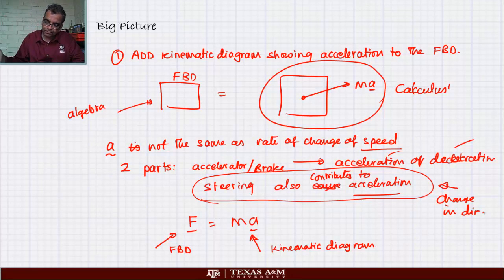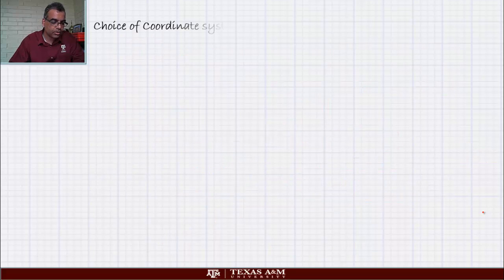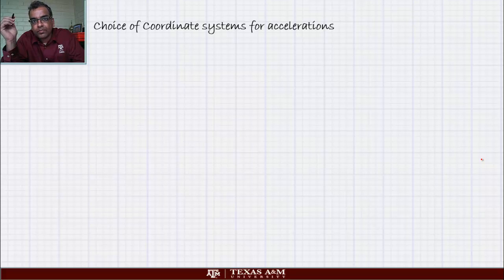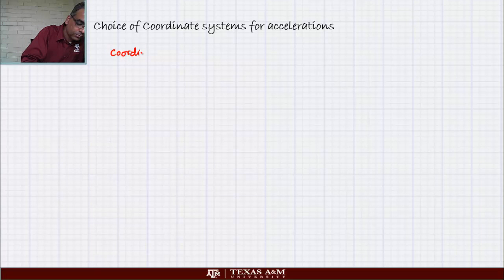Okay, so let's talk about it a little bit more. The main thing is the following. If you want to solve dynamics problems, you have to decide on the coordinate system first. And the coordinate system is decided by what we know about motion.